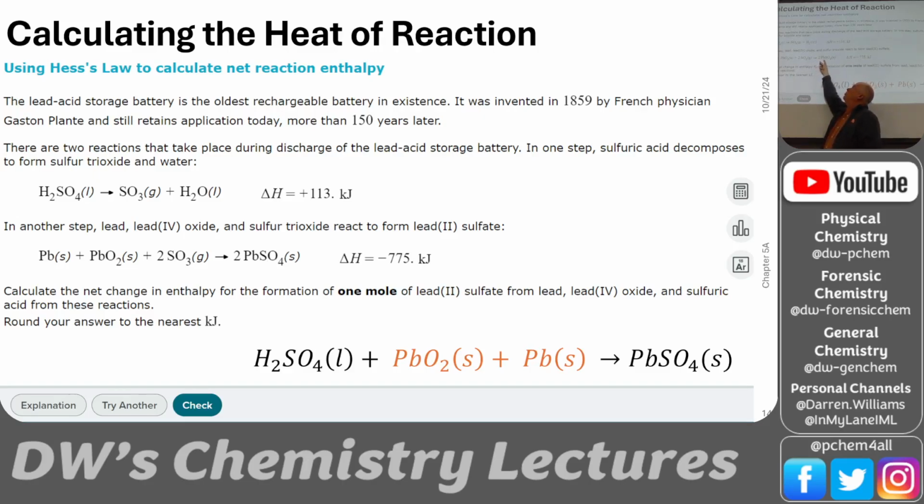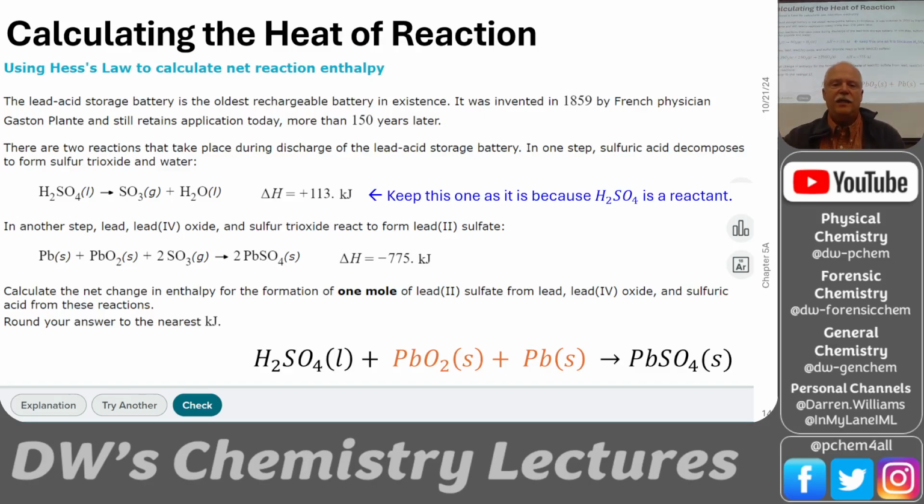This is forming 2 moles of lead sulfate, and we only want to form 1 mole of lead sulfate. So I'm going to have to take this one, and I'm going to have to divide it by 2. But otherwise, they're written in the correct order. Okay. So we'll keep that one as is because H2SO4 is a reactant. And we're going to cut this one in half to make only 1 mole of the lead sulfate.